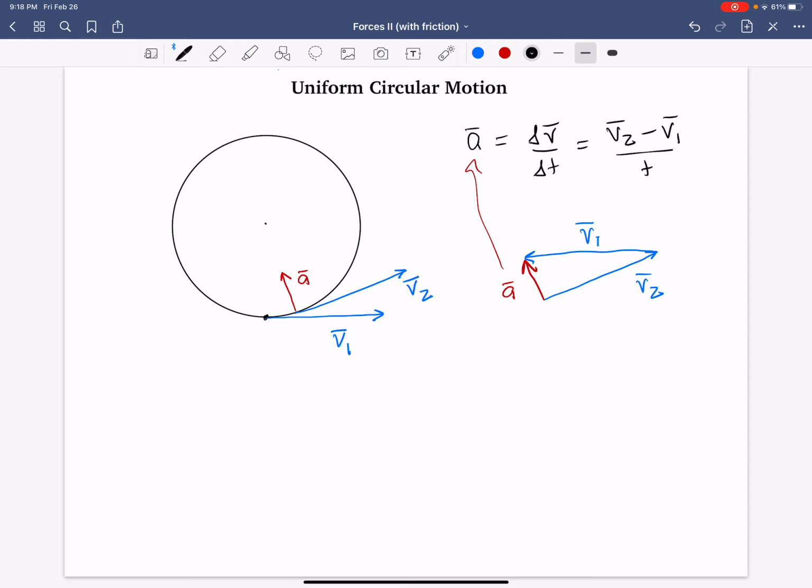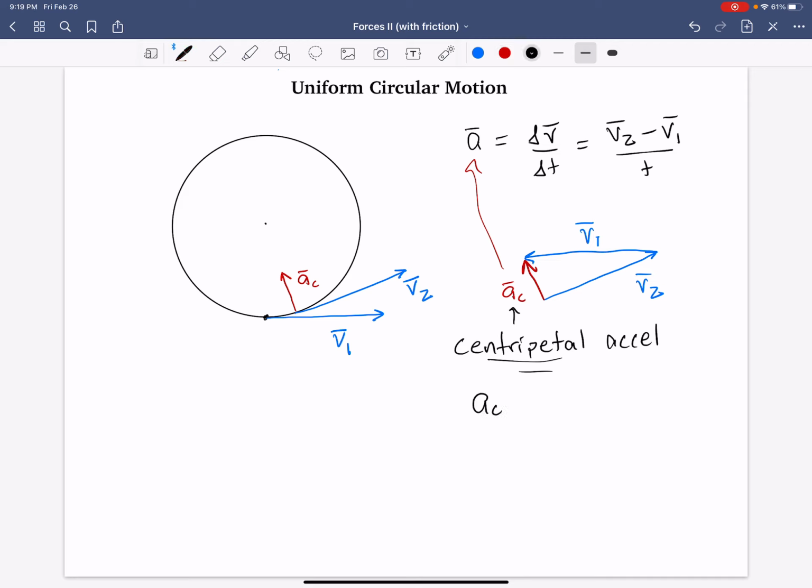And so this is known as the centripetal acceleration. Centripetal, not to be confused with centrifugal. Okay, centripetal acceleration. So we can write that as a with a subscript c. That's how most books write it. Okay. So this is not the same as linear acceleration.